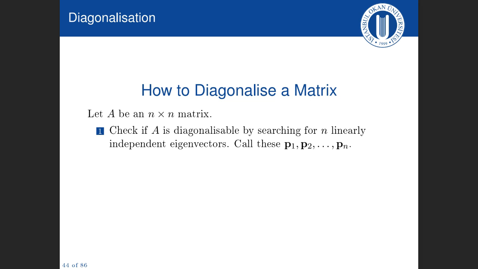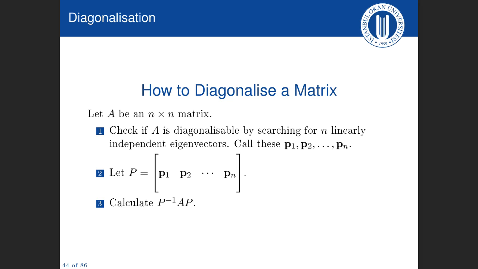Let's suppose that we can find them. Then I'm going to call these eigenvectors P1, P2 up to Pn. Step 2, I'm going to write down the n by n matrix capital P, which has first column P1, second column P2, etc. And then step 3, I want to calculate P inverse AP.